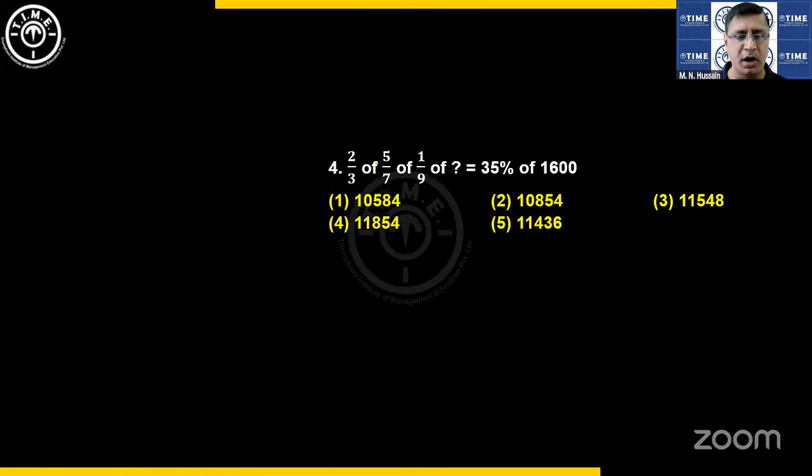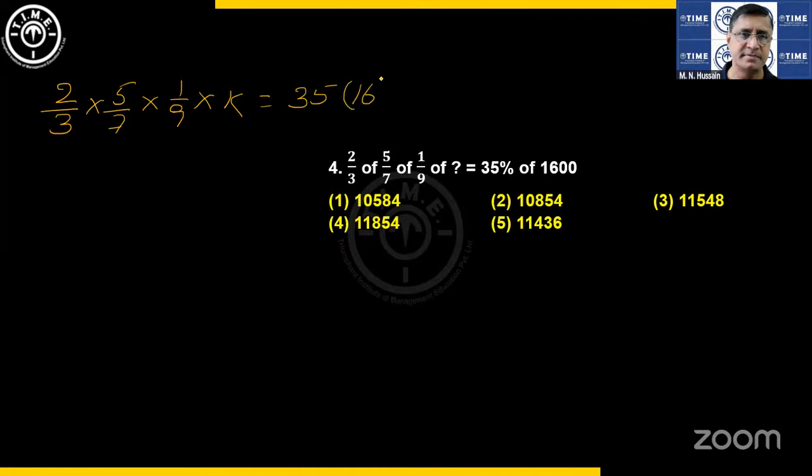Look at the next example on your screen. Question number 4. 2/3 of 5/7 of 1/9 of question mark. I'm assuming the question mark as K, which is equal to 35% of 1600.